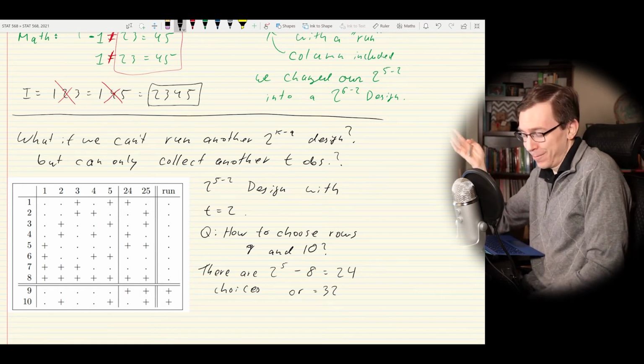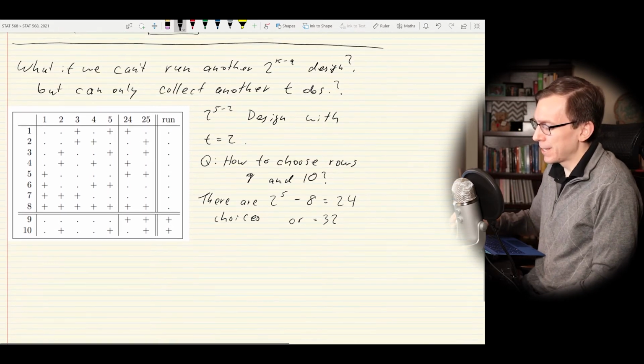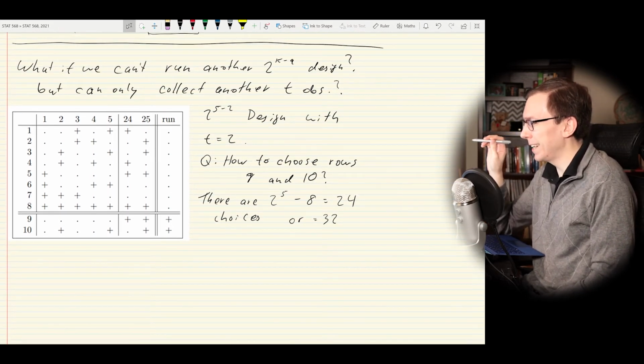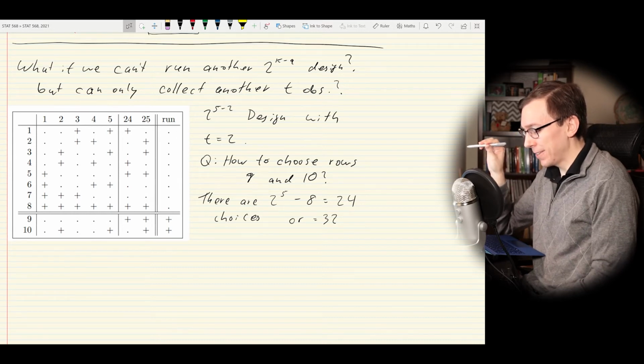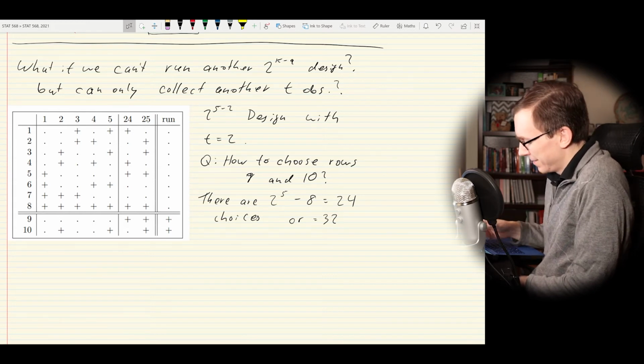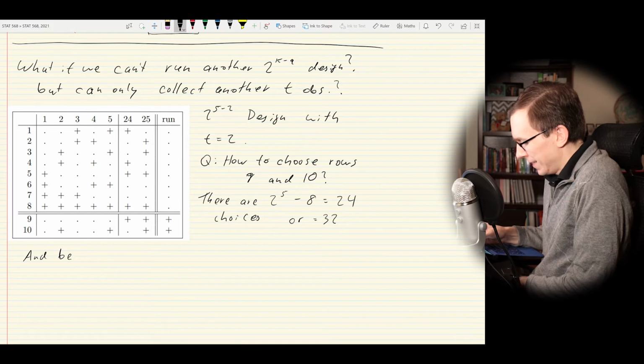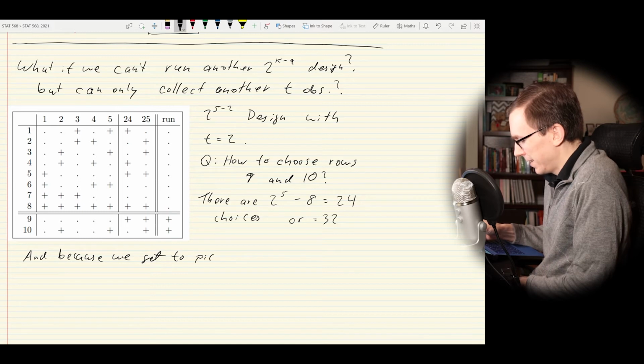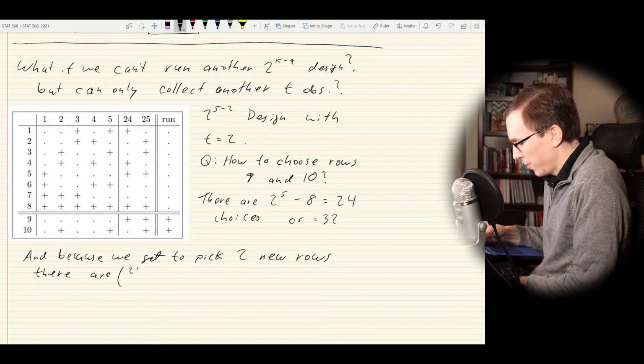how do we choose those rows? And we choose them now with respect to some type of design criterion. Oh yeah, I actually pointed out somewhere in here that because we get to pick 2 new rows, there are 24 choices, choose 2, which is, I think, 276.